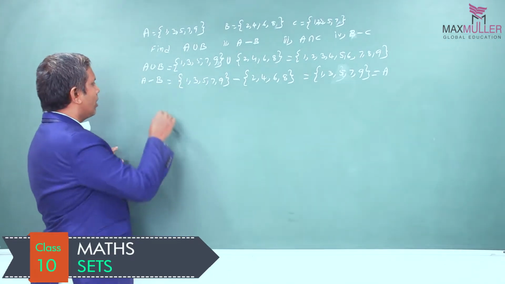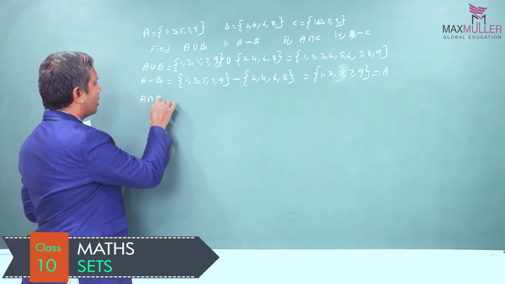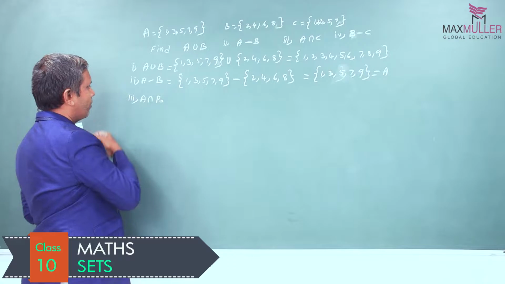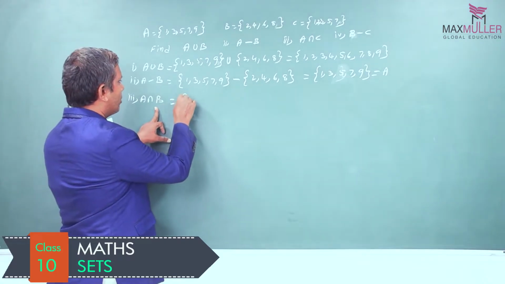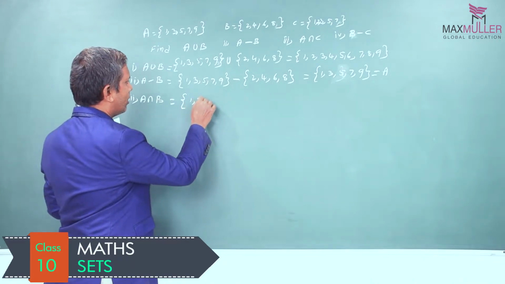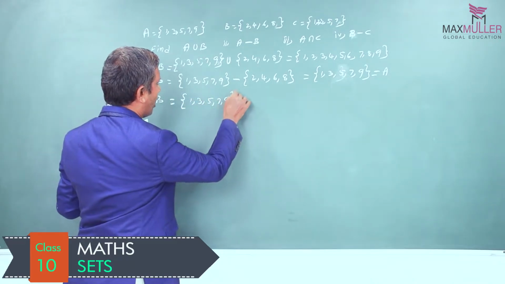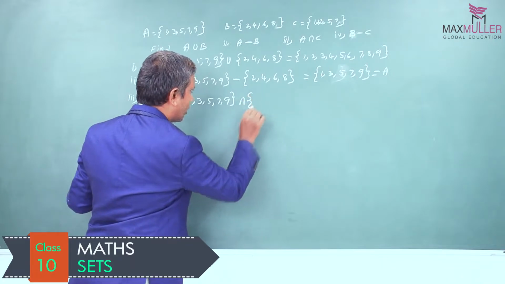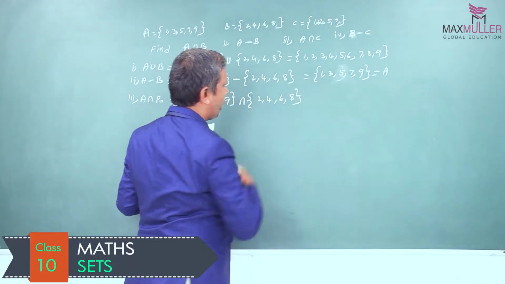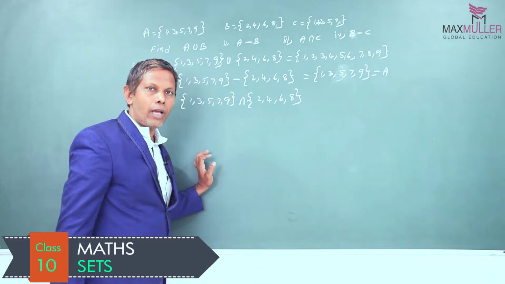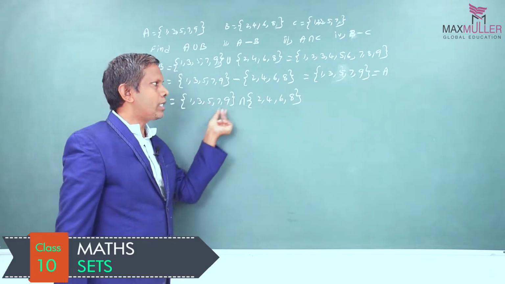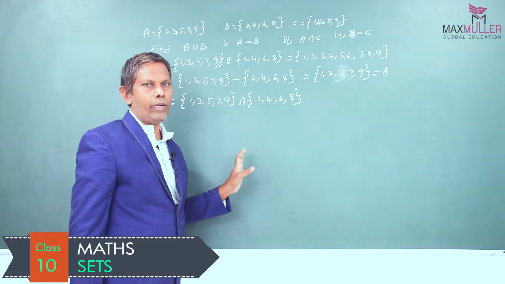So third one, A intersection B. 1, 3, 5, 7, 9 intersection B elements 2, 4, 6, 8. Are there any common elements? Previously we discussed there are no common elements.